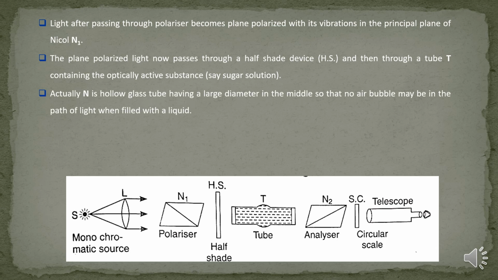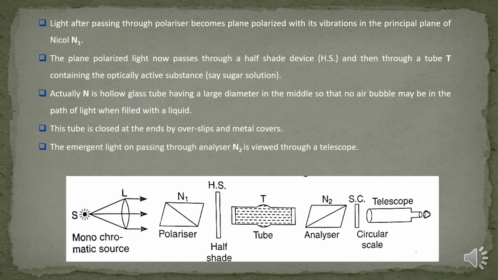The tube is a hollow glass tube having a large diameter in the middle so that no air bubble may be in the path of the light when filled with the sugar solution. This tube is closed at the ends by coverslips and metal covers. The emergent light, on passing through the Nicol prism N2, which acts as an analyzer, is viewed through a telescope. The telescope is focused on the half shade.